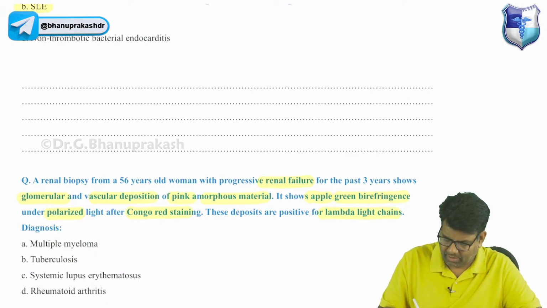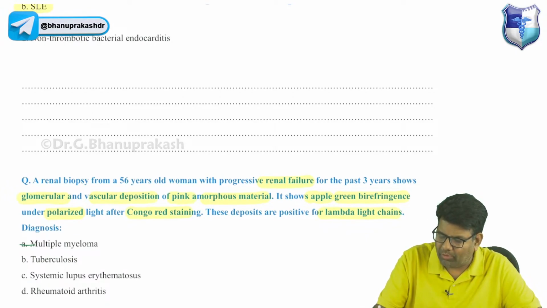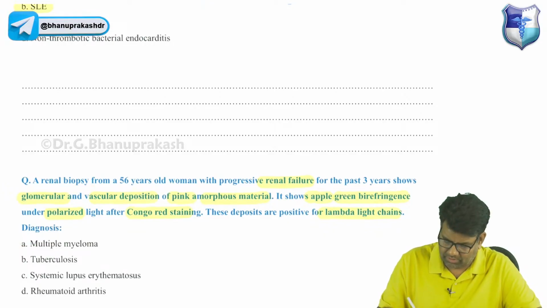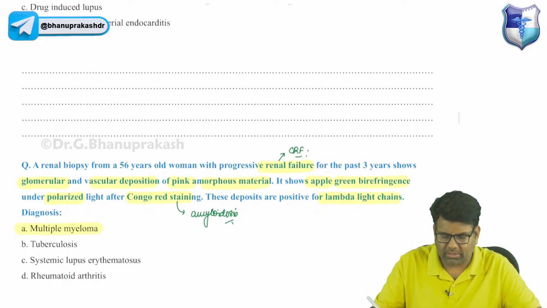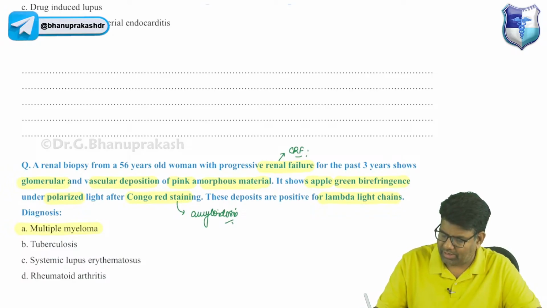This is multiple myeloma. And here you can see that the person is going into chronic renal failure. This description is again amyloidosis. So this is the primary variety. You are saying amyloid light chains, AL. Primary amyloidosis.